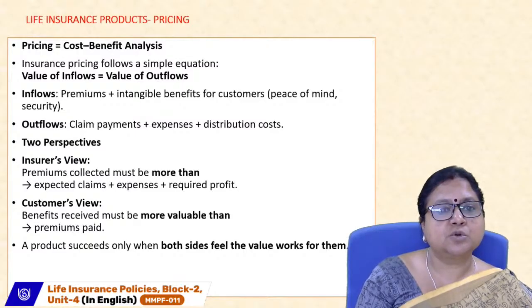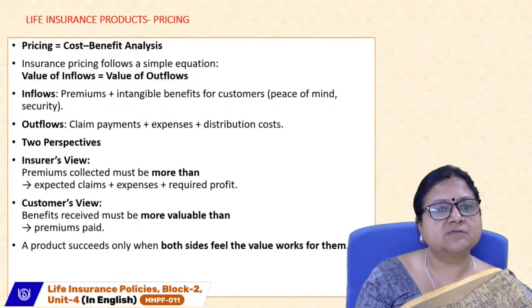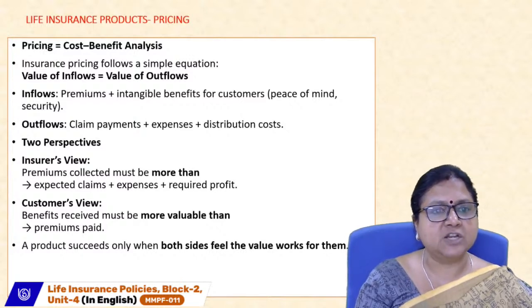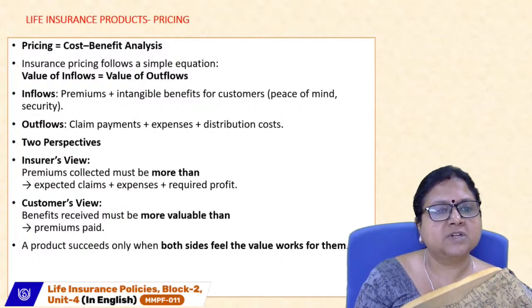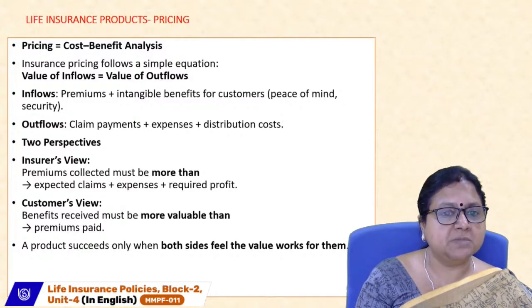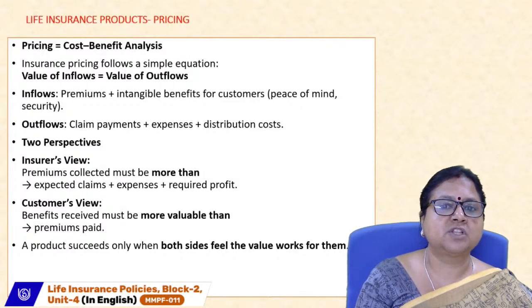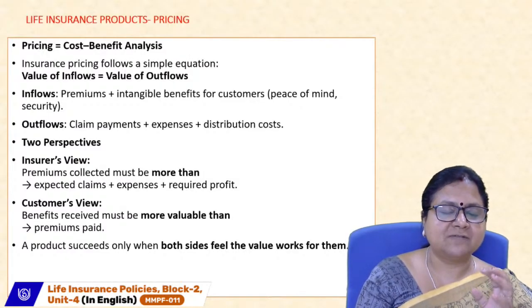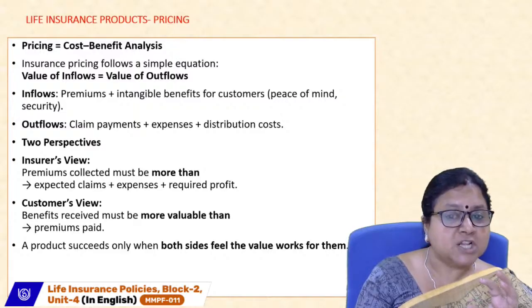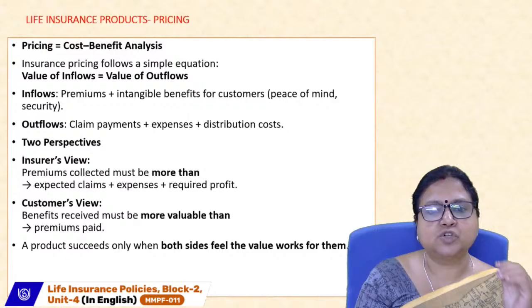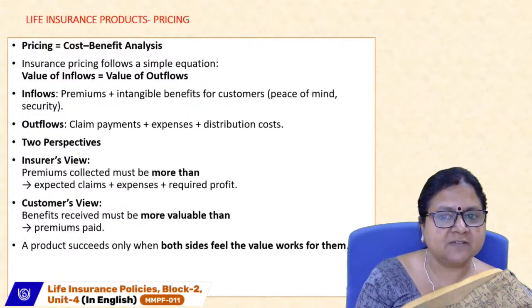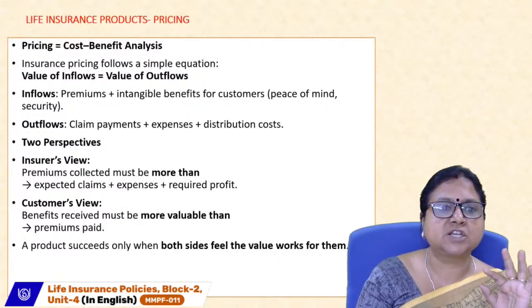So pricing is equal to cost benefit analysis of the insurance products. Insurance pricing follows a very simple equation: value of inflows is equal to value of outflows. So how much they have received in insurance premiums plus the intangible benefits for the customers. When they have a policy and they know that their life is secure in future, they get a stress free life, they get peace of mind, and they get security.